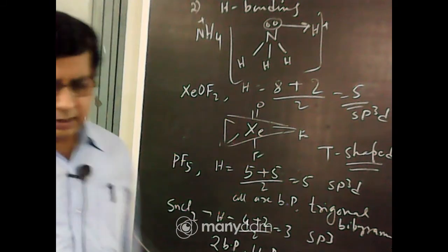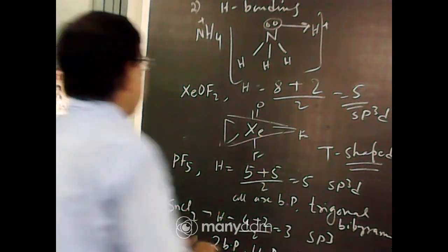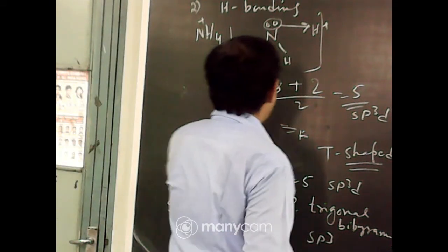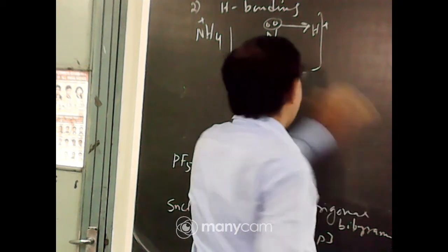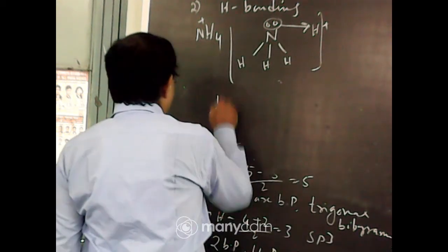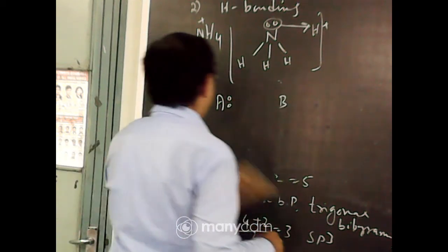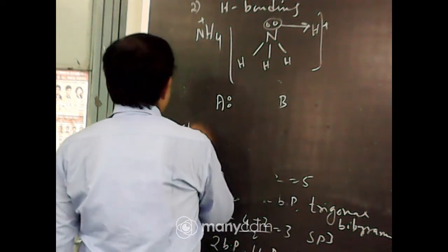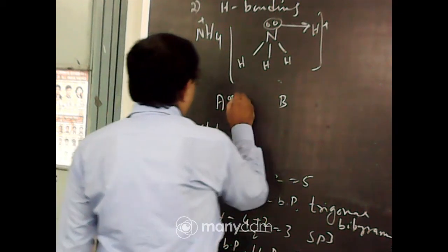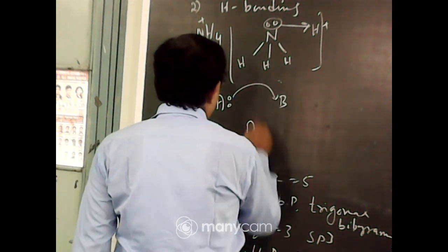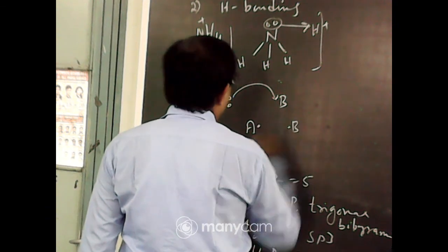So actually, a coordinate bond is the combination of ionic bond and covalent bond. For example, say A atom has 2 electrons, B atom has a vacant orbital. In the first step, 1 electron is donated to B. So A atom has 1 electron, B atom has 1 electron.